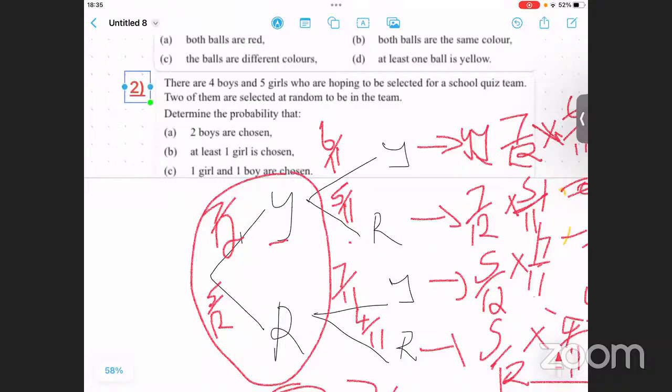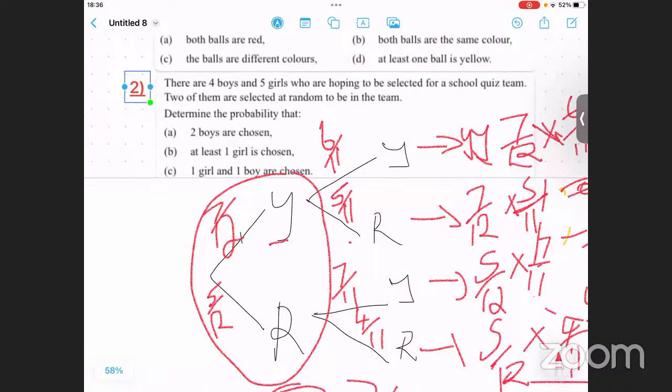So number 2 says there are 4 boys and 5 girls who are hoping to be selected for a school quiz team. Okay. And 2 of them are selected at random to be in the team. Now, this also is going to need us to do a tree diagram. Ne? Remember, we're going to do a tree diagram to make our life easier, okay?